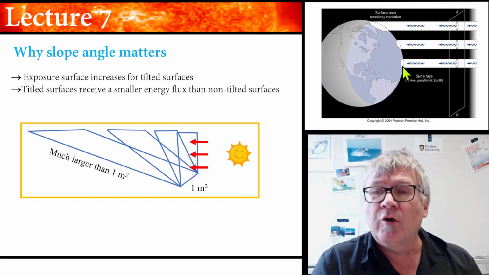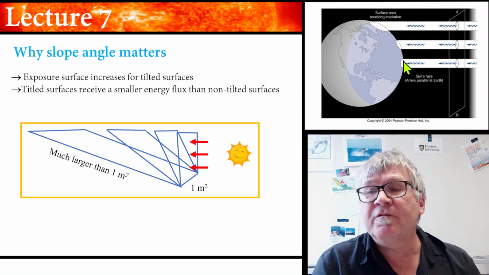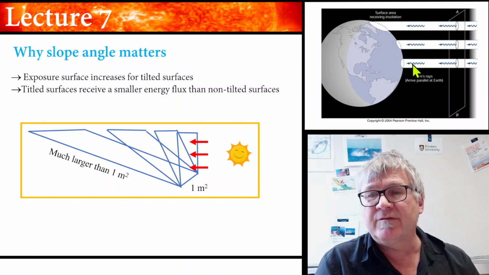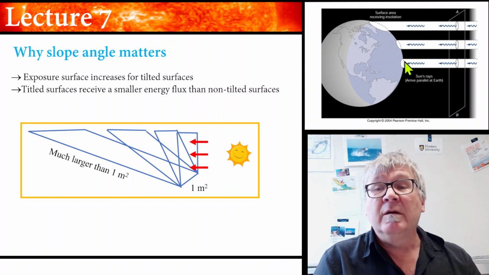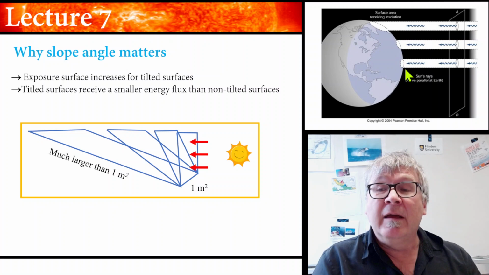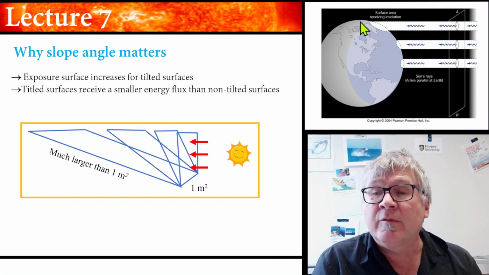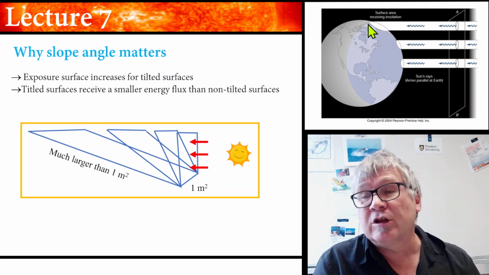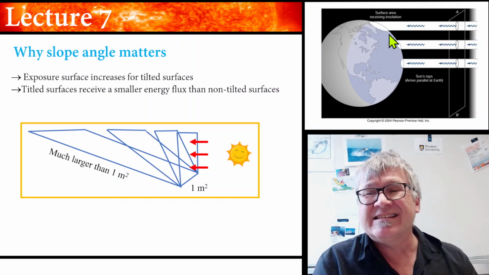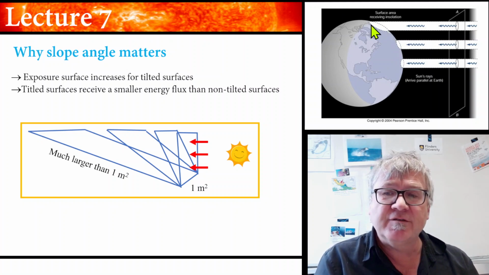There are regions on Earth where the surface is perpendicular to the sun rays. And there are regions where the surface is sloped. It's a slanted surface.